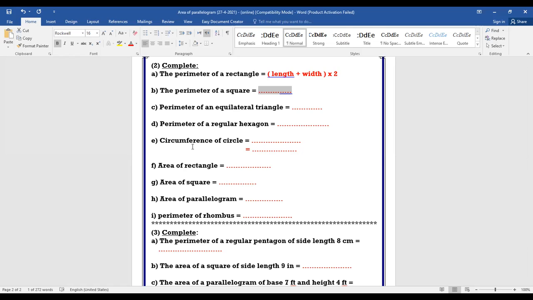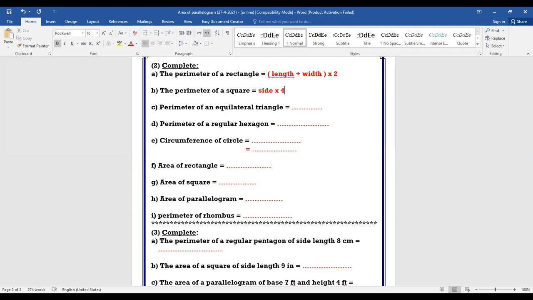Multiply by 4. Side multiplied by 4. The length of one side multiplied by 4.